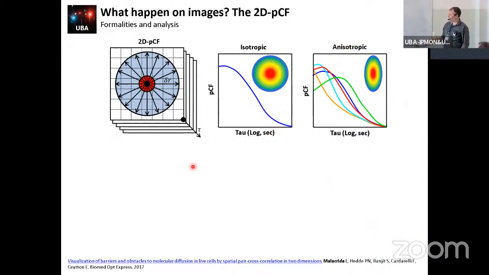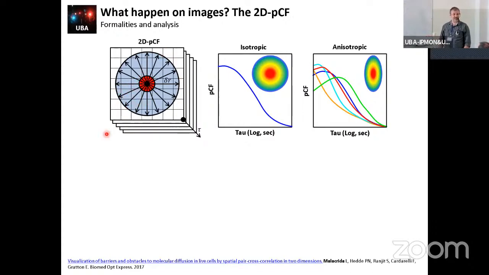If we have, instead of a point, and we scan in a line, an array that detects all the pixels at the same time, very, very fast between stack and stack, we can do a pair correlation between all the points. So this point with all the distances at this radius. But this is true not only for this pixel, but for all the pixels in this image. And how can we do that? Well, with a camera.